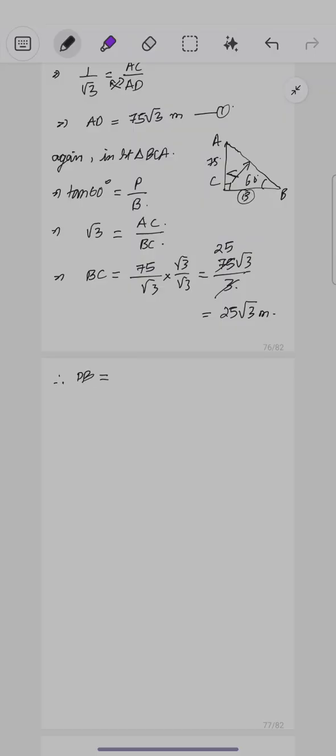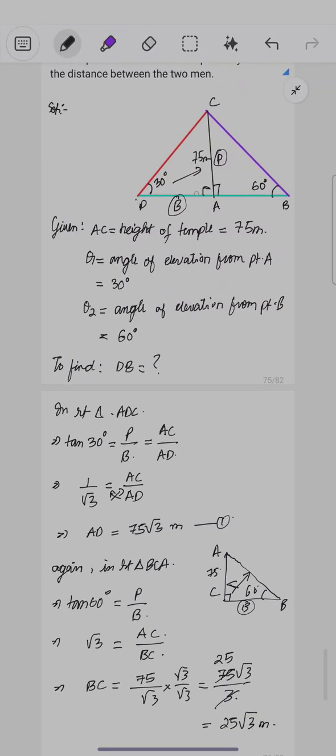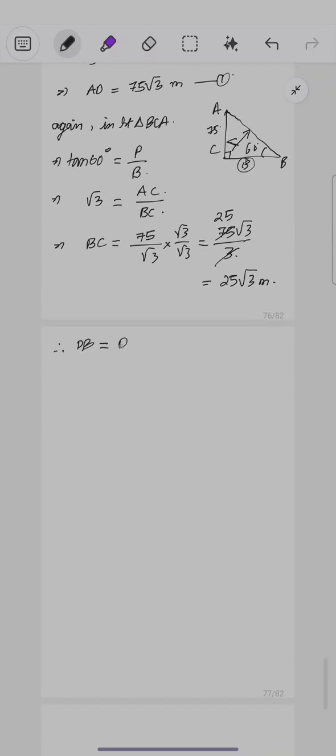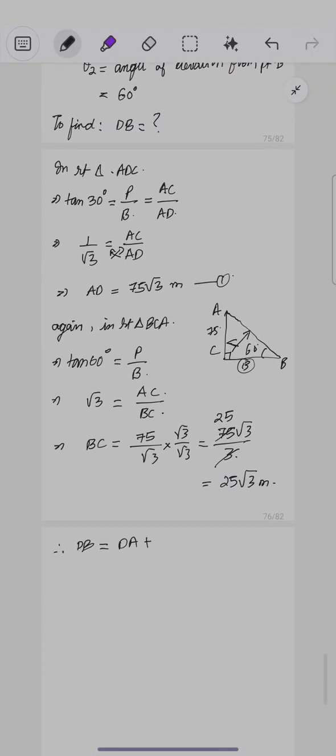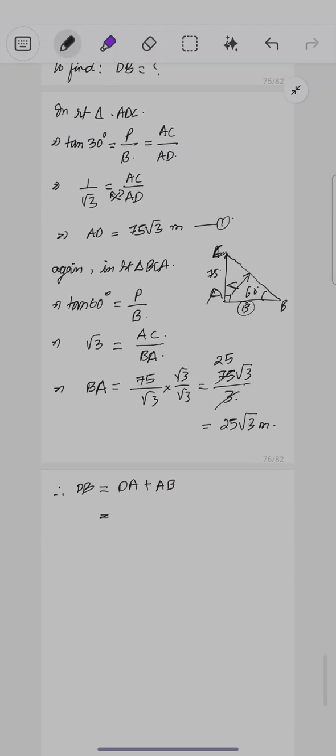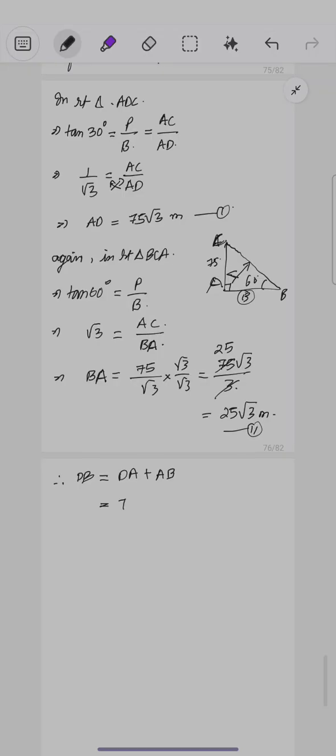Therefore DB equals DA plus AB, where DA is 75 root 3 from equation number 1 and the other part is 25 root 3.